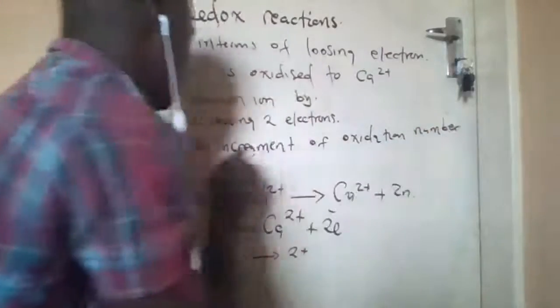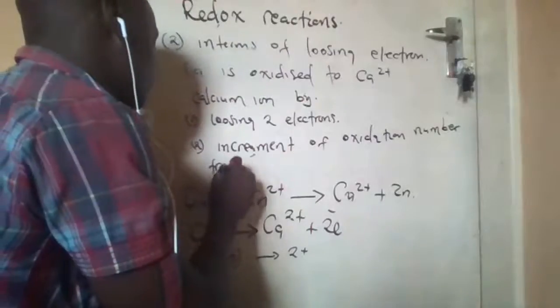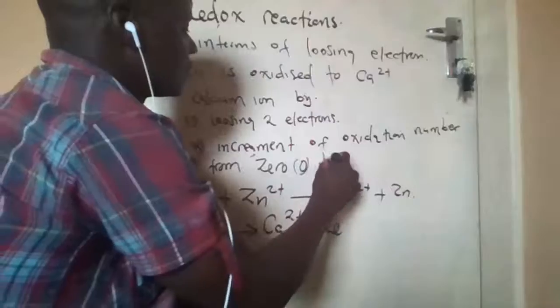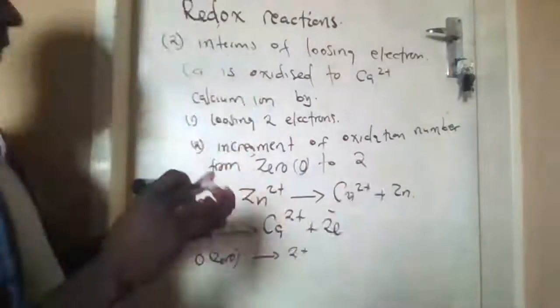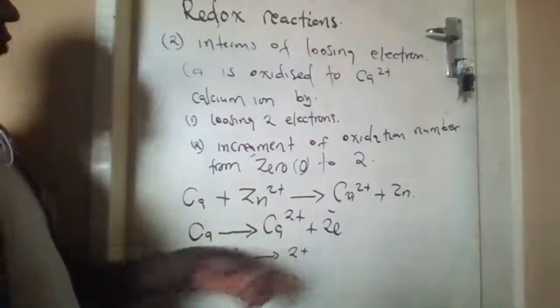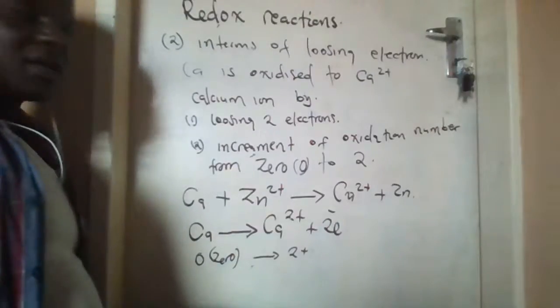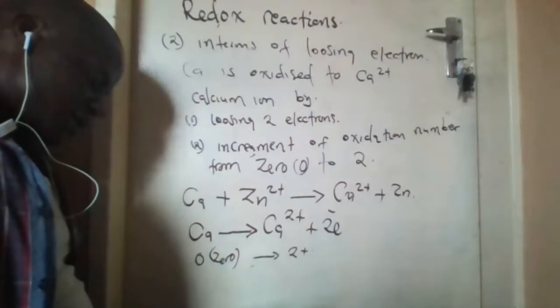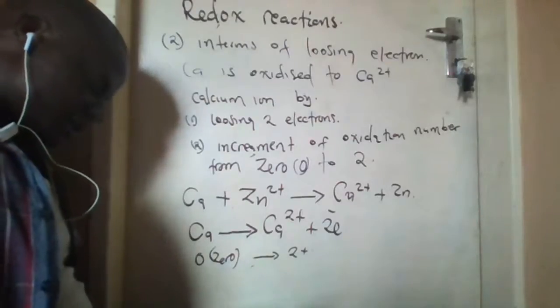Increasing from what to what? From 0 to what? To 2. From 0 to 2. That's how we can tell that the substance has been oxidized.